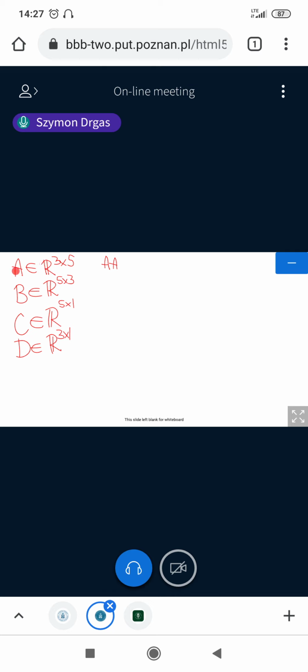Then we have A times B, so we can draw this line: 3 times 5, and then 5 times 3, so the result will be 3 by 3. So the resulting matrix will be 3 by 3. And can you write me in the chat what will be the entries of the resulting matrix of the product of matrices A and B?